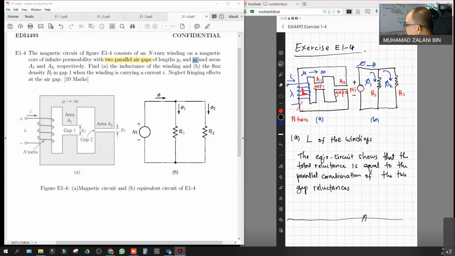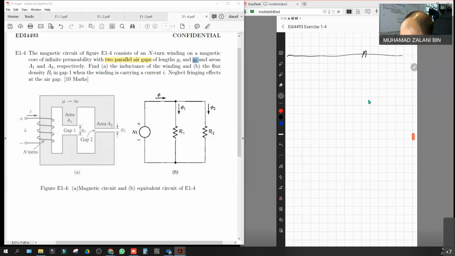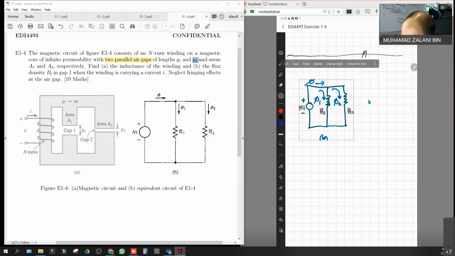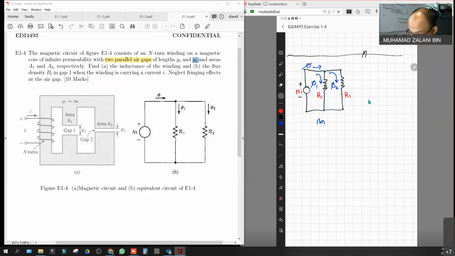Referring to this, saya copy je lah, nanti senang sikit. Copy, paste. Kita nak refer kepada ni. Saya nak computekan R tot dulu. 1 over R tot equals 1 over R1 plus 1 over R2, right?